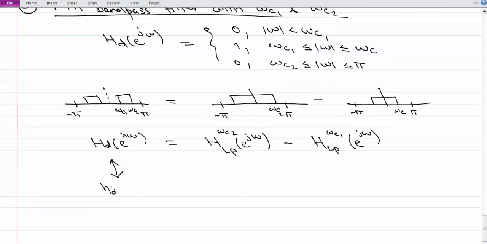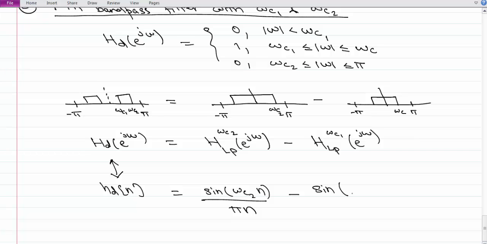So the impulse response that you are looking at is h_D[n] equals sine of omega C2 n over pi n minus sine of omega C1 n over pi n, from minus infinity to infinity. And now you can just simply window it to get a finite impulse response.